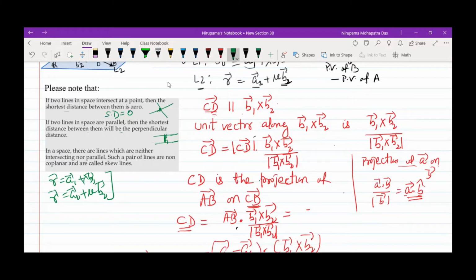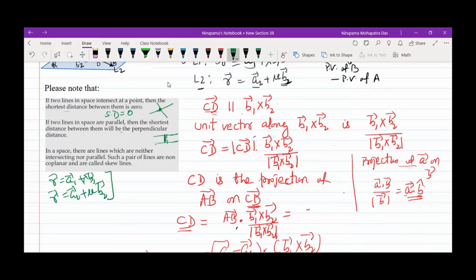In space, there are lines which are neither intersecting nor parallel. Such a pair of lines are non-coplanar and are called skew lines. We just studied the shortest distance between two skew lines, how to find it and how they look.